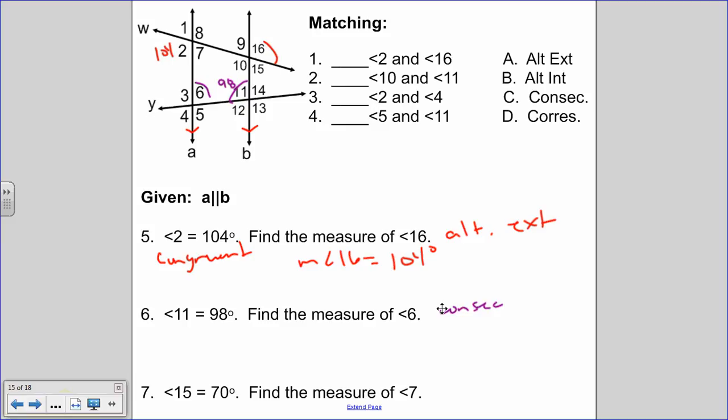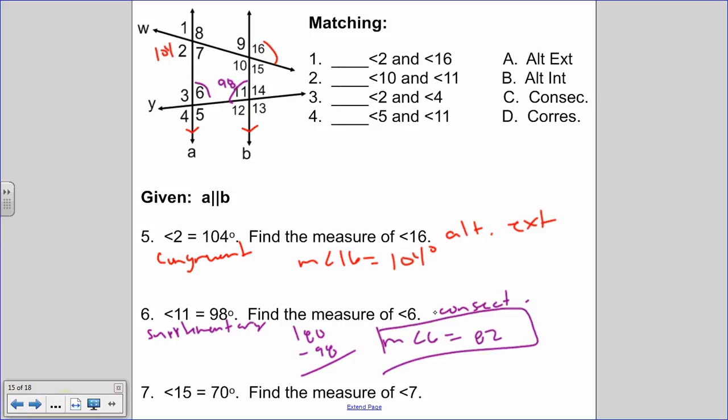Same side inside. And consecutive are supplementary. We had several of these today. So if I take 180 minus 98, I will find out the value of angle 6. And that should give us 82. So the measure of angle 6 is 82 degrees.